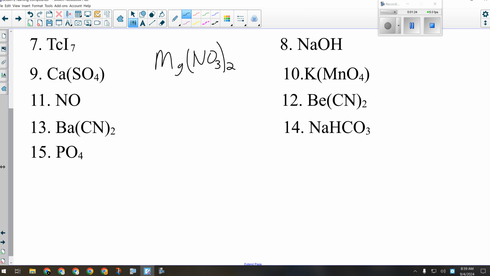Because the brackets in this compound tell me I have 1 magnesium and 2 nitrate ions. That would mean 1 magnesium, 2 nitrogen atoms, and 6 oxygen atoms, which is very different than this. Because now I'm saying I have 1 magnesium, 1 nitrogen, and 32 oxygens, which isn't that much different than the other thing that we wrote.